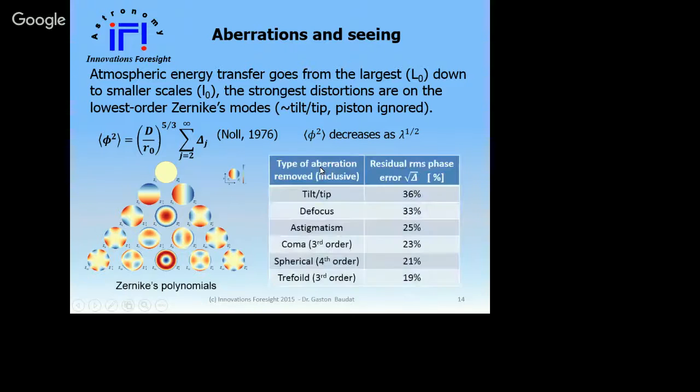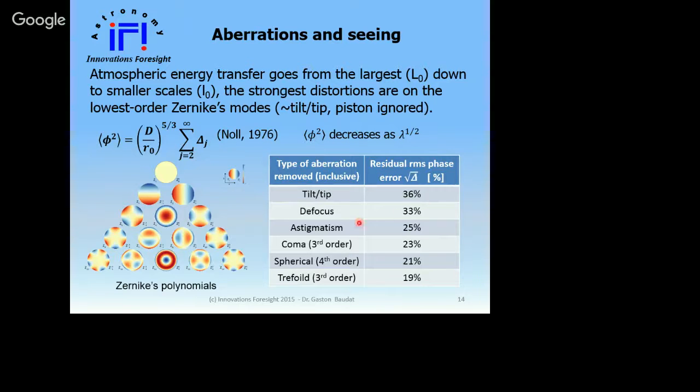If you look at that, typically if you remove the tilt and tip from the wavefront error, which is what most adaptive optic devices will do at the very least, then the residual RMS error on the wavefront is 36%. This tells us the tilt and tip is between 60 and 70% of the deformation of the wavefront in terms of RMS error.